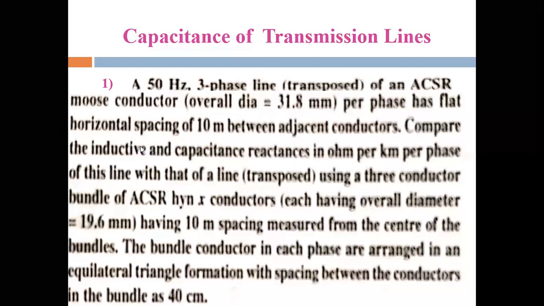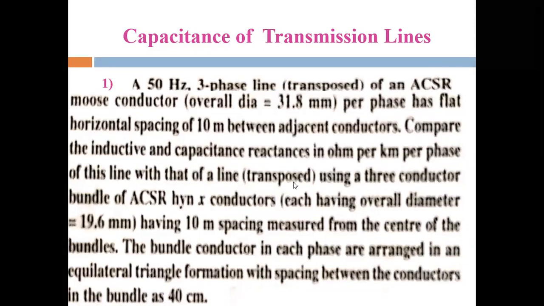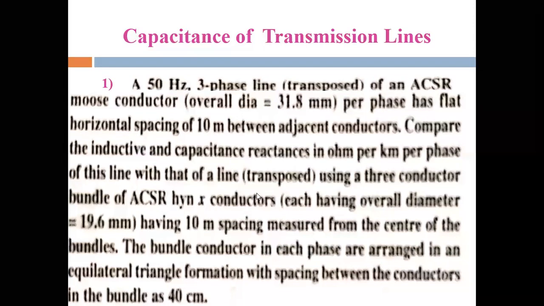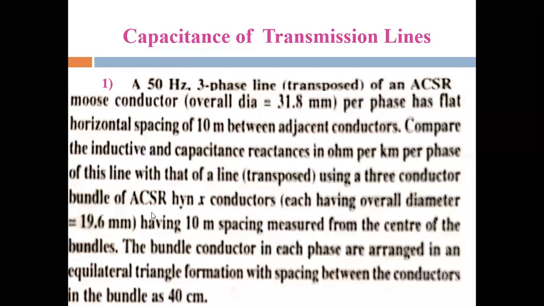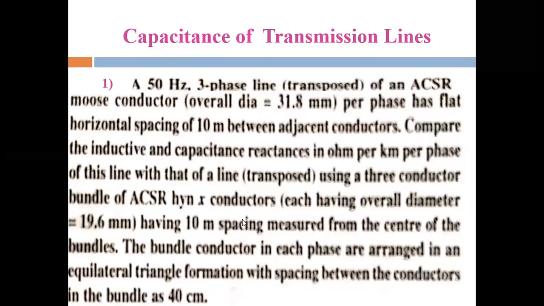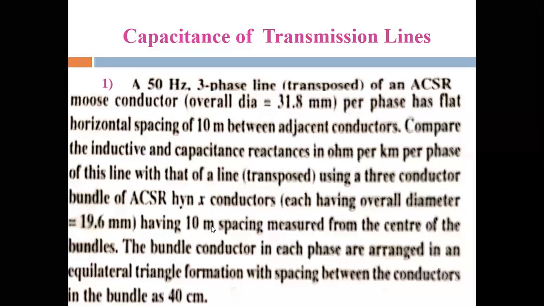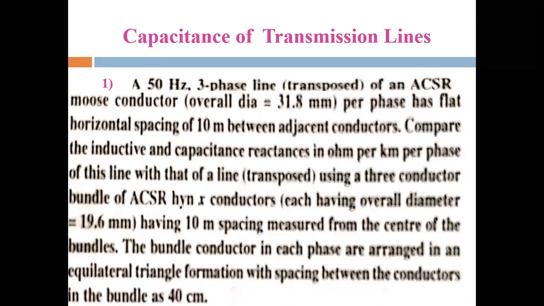We compare the reactances of this line with that of a line using a 3-conductor bundle of ACSR, with each conductor having an overall diameter of 19.6 mm and 100 meter spacings between the bundle centers.